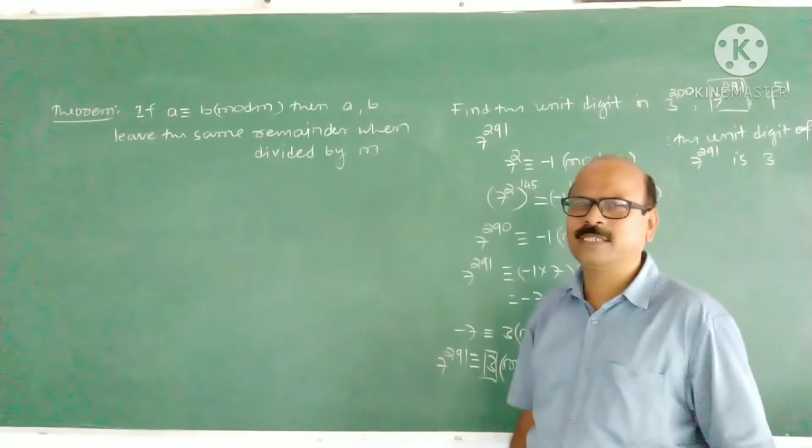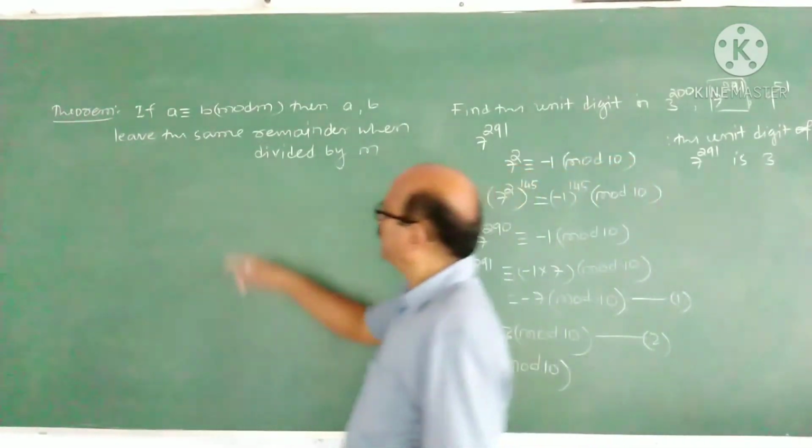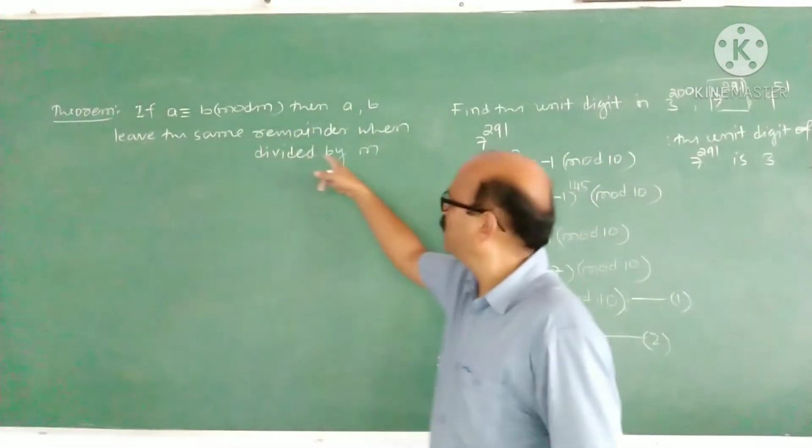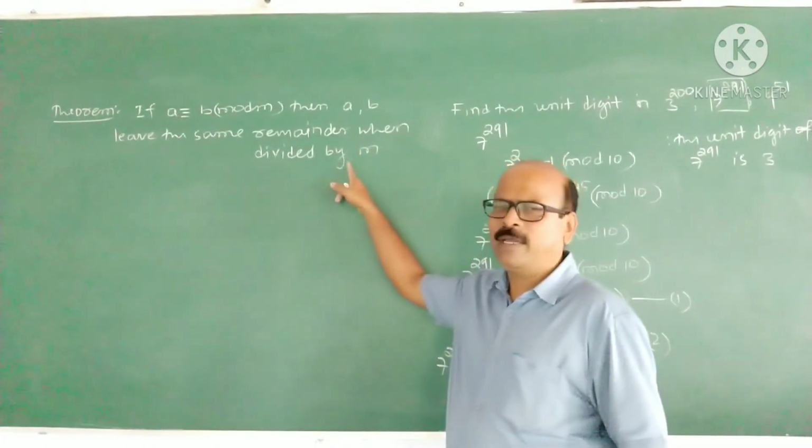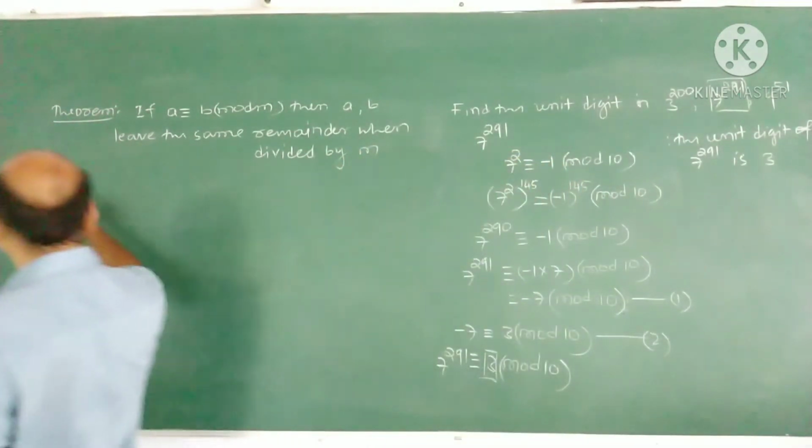What does the result say? If A is congruent to B mod M, then A and B leave the same remainder when divided by M. See how to prove this one.